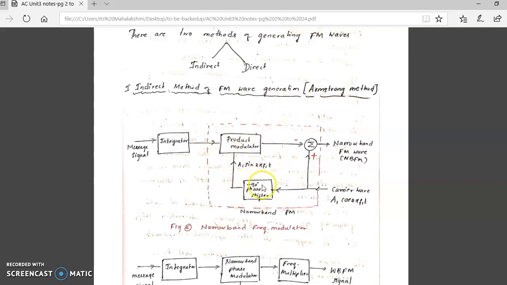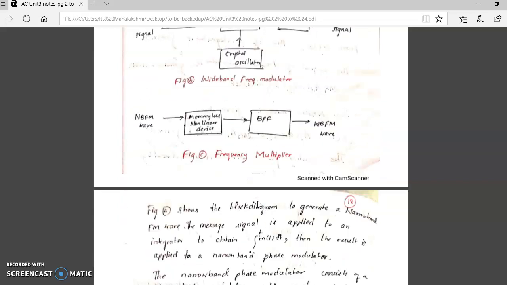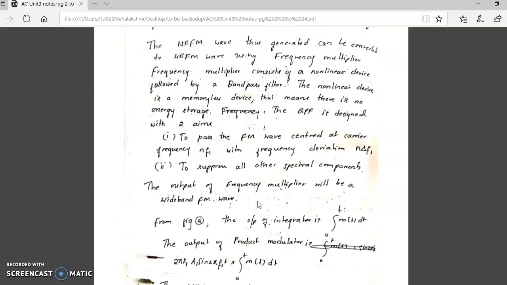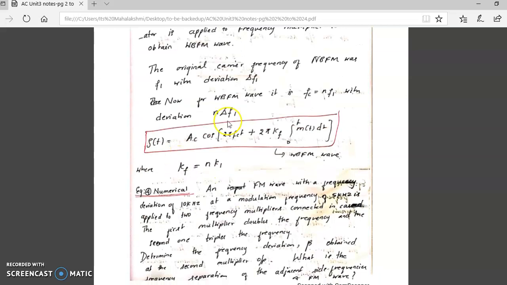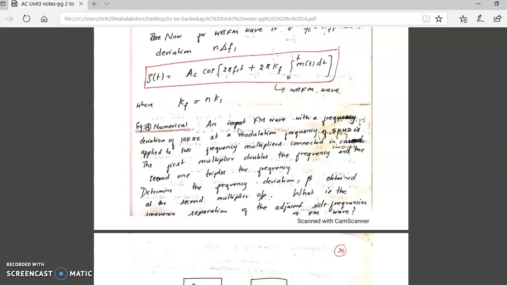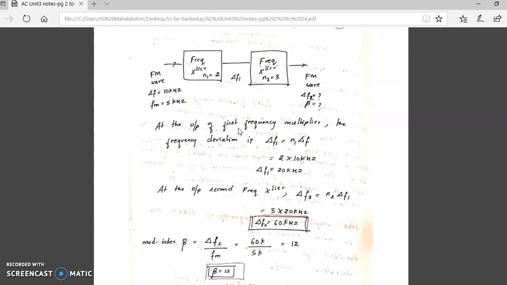Then you will have to write this block diagram followed by these two as well as explanation with relevant equations. Okay. Finally, this output FM wave equation. Okay. Such problems can be asked for maximum 4 marks.